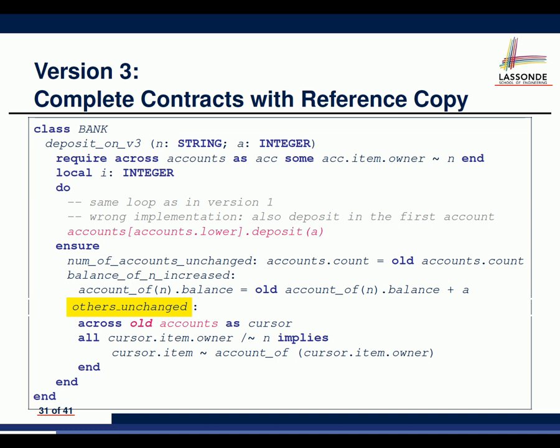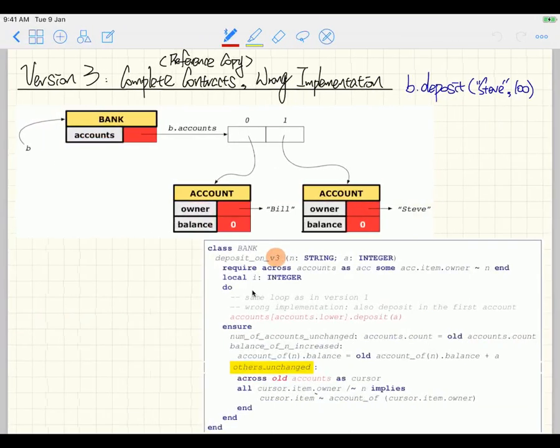Okay, so now let's think about it. You can see we also have implies over here, right? Let's go to version number 3 and talk about it. All I want to do in just 1 or 2 minutes is talk about the logic for this particular post condition.